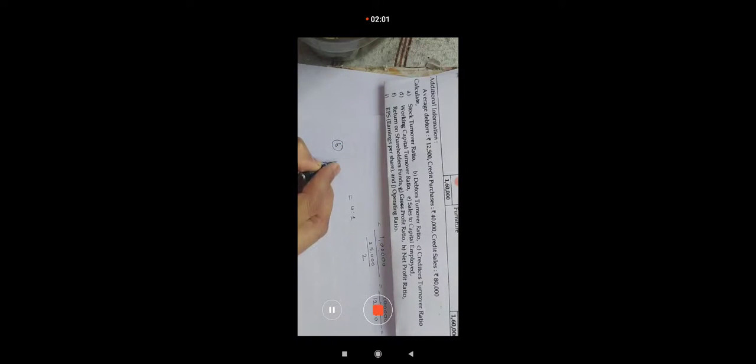Second ratio, debtors turnover ratio. The formula of debtors turnover ratio is credit sales upon average debtors.